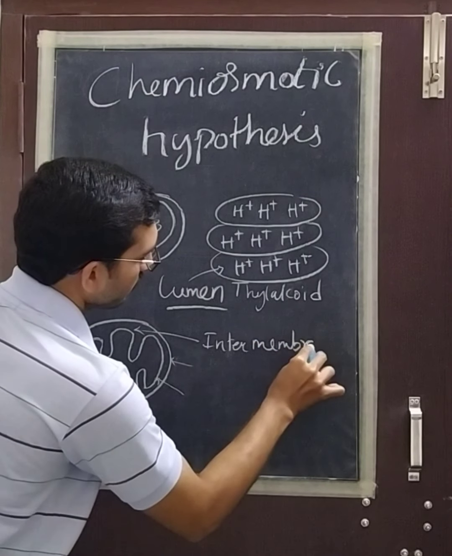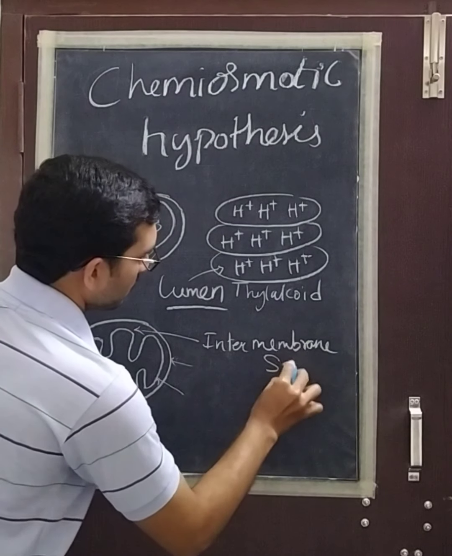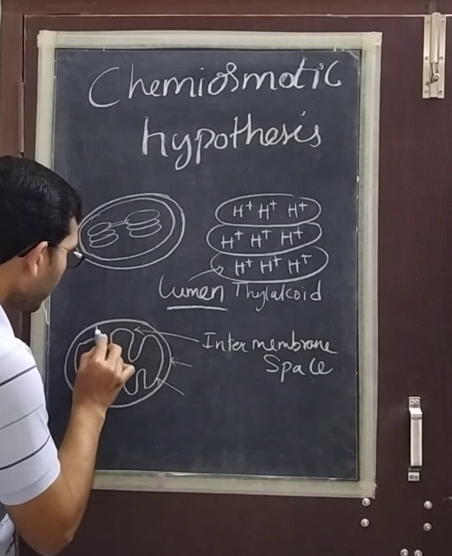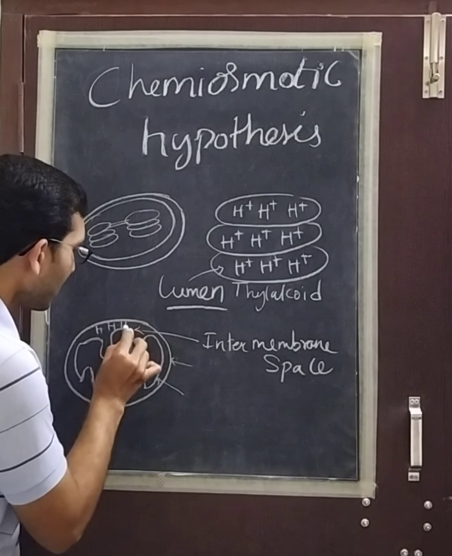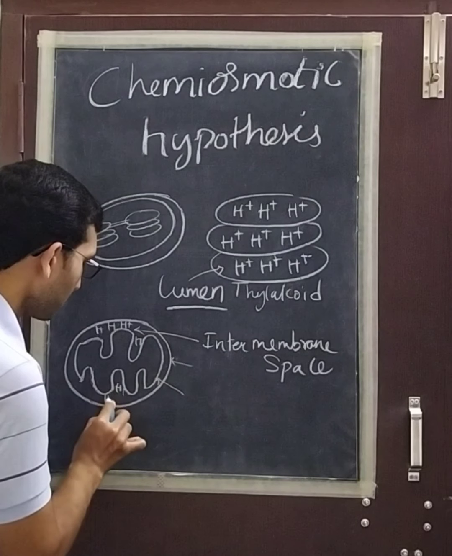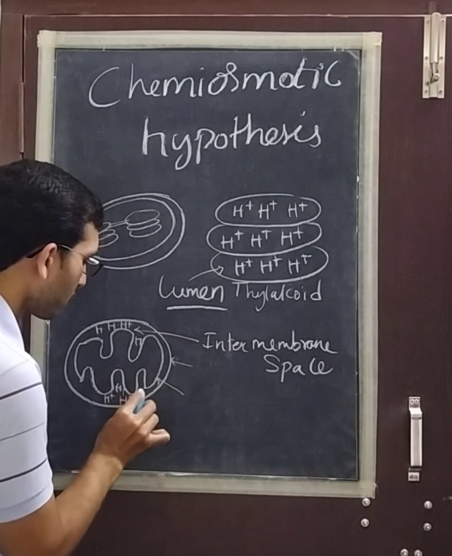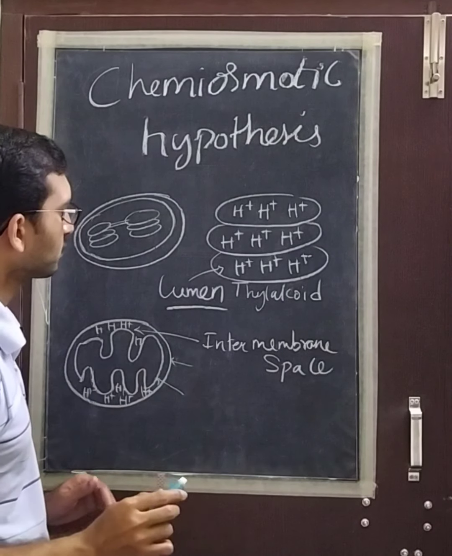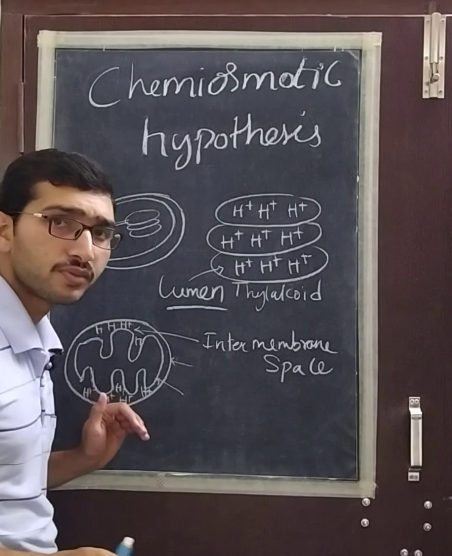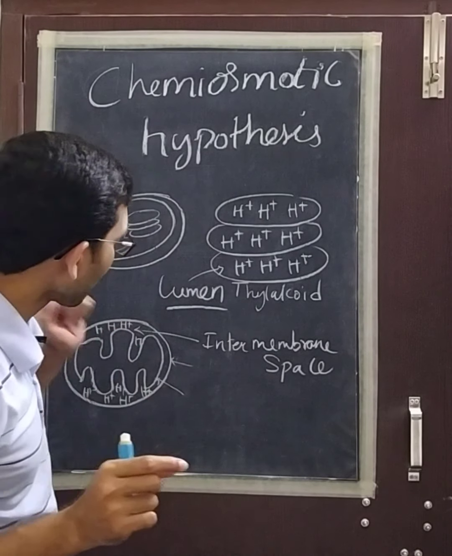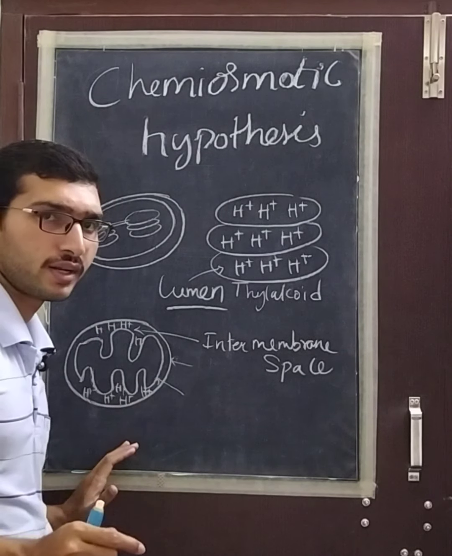In mitochondria, proton accumulation takes place inside the intermembrane space, where the H plus ions are concentrated. So this is the major difference of proton gradient in chloroplast and in the mitochondria.